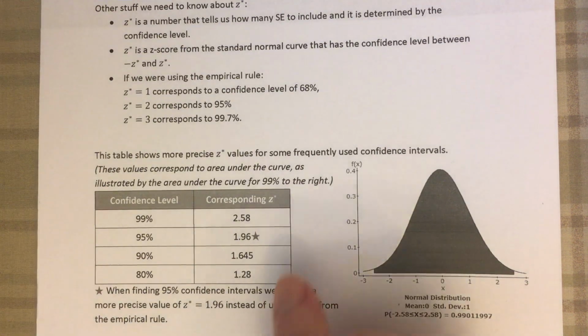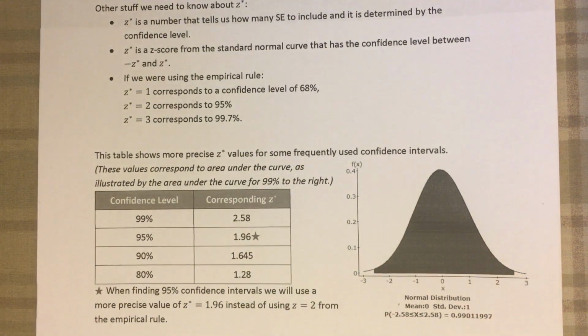Notice that in this table we actually have a more specific value mentioned here of 1.96 for our z-score. So as we're going through all of the problems in this section, we are going to be using these z-star values. For a confidence level of 99%, we're going to use a z-star value of 2.58. For 95%, 1.96. 90%, 1.645, and 80%, 1.28.